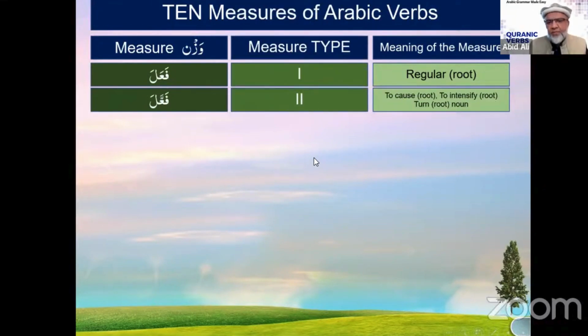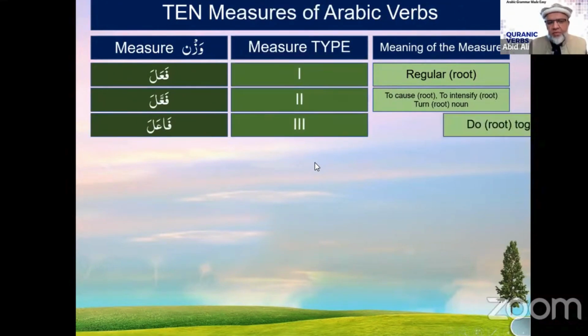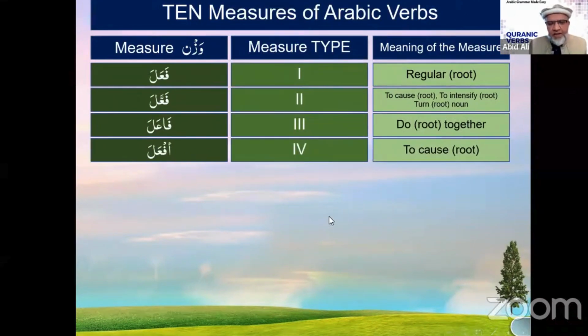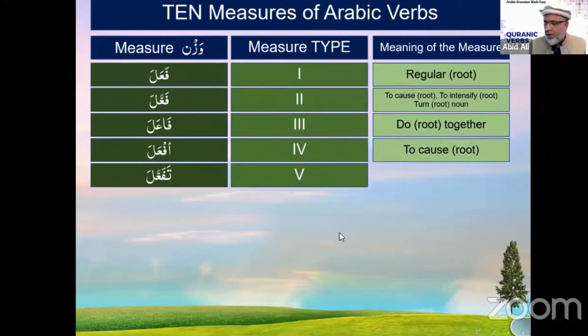This is the second form, and fa'ala, this was the third form. And the fourth one, af'ala, and tafa'ala. These are called mazid fihi.